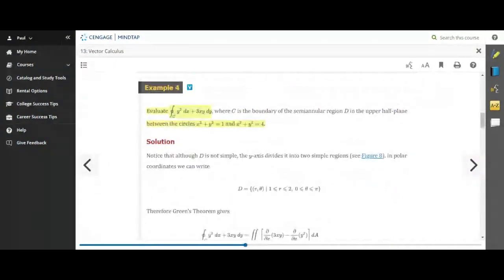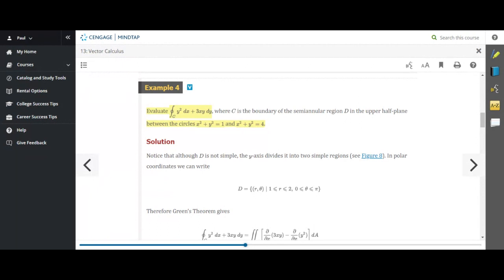Remember, Green's theorem is to find the work that a force field does in moving a particle once around its path for a two-dimensional force field. So you have magnetic fields and so forth. This is physics and engineering application material.